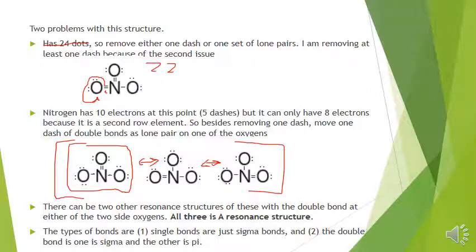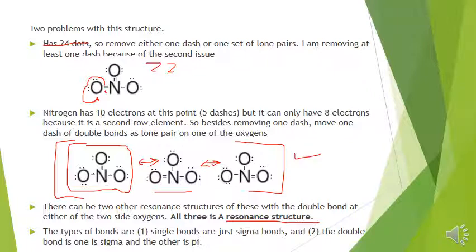Okay, and so this is a resonance structure. So there can be 2 other structures, this one plus these 2, where the double bond has moved around. All 3 are a resonance structure. Okay, so this is just one structure.